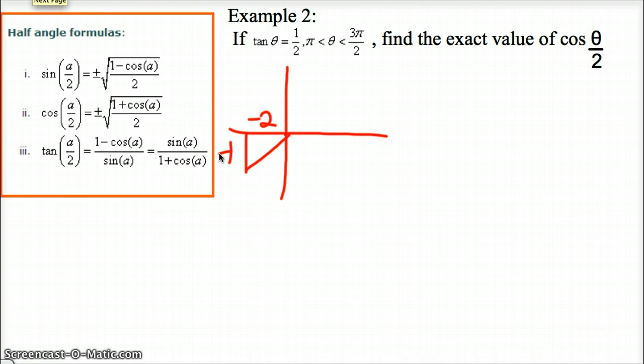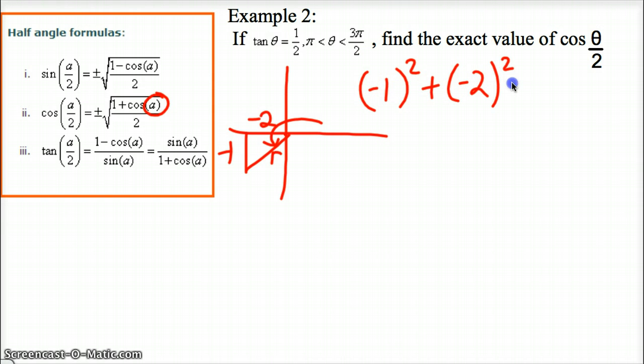In order to find the cosine of theta over 2, I need the cosine of theta. So if I need the cosine of theta, I need the cosine of this angle right here, but I need the hypotenuse, the radius, in order to do that. So I'm going to solve for that by using the Pythagorean theorem. Work it out.